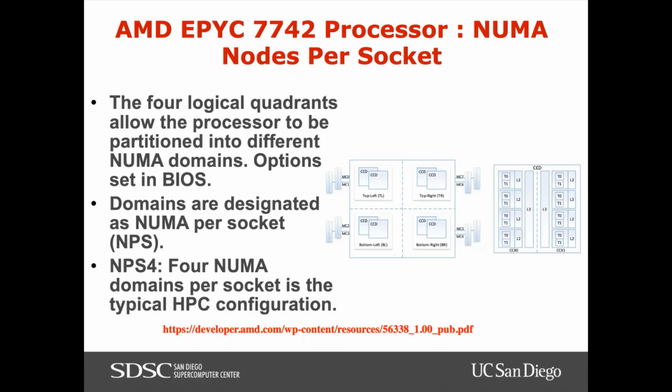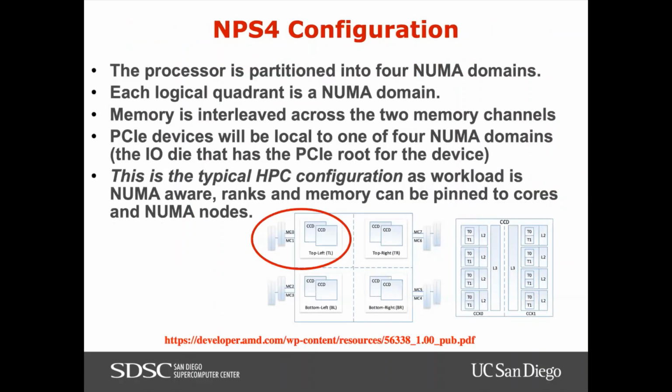So when you're laying out the tasks, you don't want to be going across things and getting the additional latency. Each logical quadrant is a NUMA domain, and the memory is interleaved on the 2 memory channels there. And also, one of these NUMA domains is where your network card is, by the way.